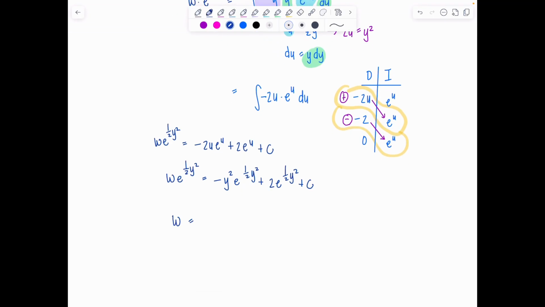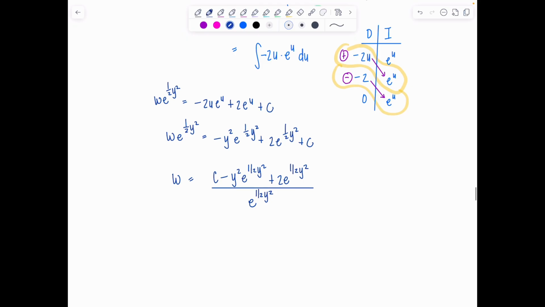Okay, then divide everybody through by e to the 1/2 y squared. So w equals, I'm going to just leave it, c minus y squared e to the 1/2 y squared plus 2e to the 1/2 y squared over e to the 1/2 y squared. And then who was w? w was 1 over x, or x to the negative first.